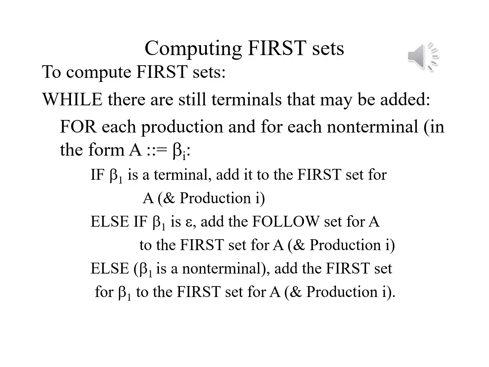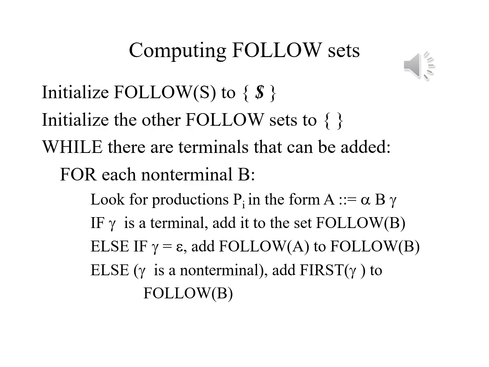To compute the follow sets, we start by initializing the follow of S, the start symbol, to contain the end of file marker. The other follow sets are all initialized as empty. While there are terminals that can be added, for each non-terminal B, let's look at productions P sub i in the form A derives alpha B gamma.